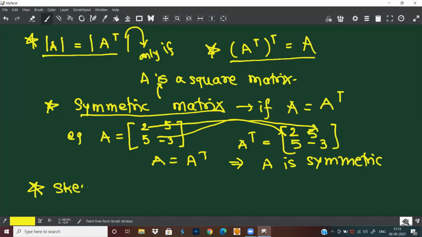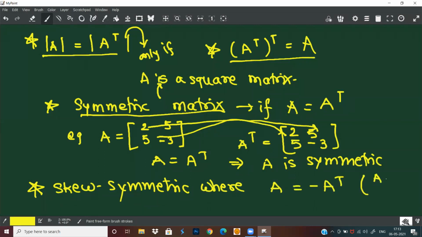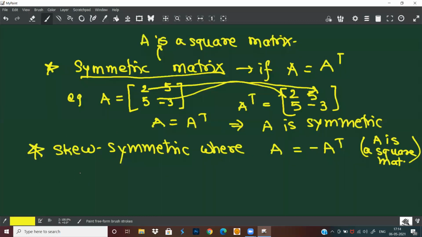After symmetric is skew symmetric, where A is minus of A transpose. Again, A will be a square matrix. I'll give you an example.